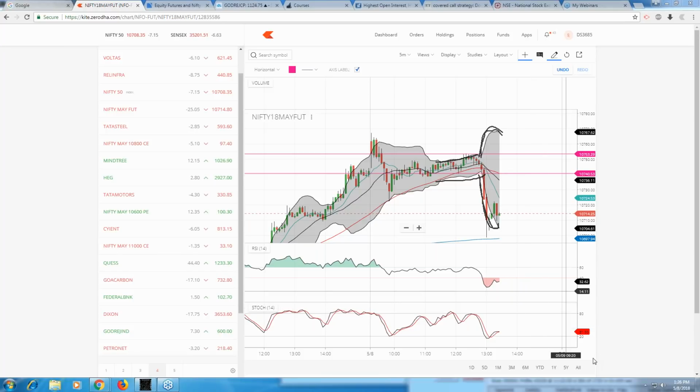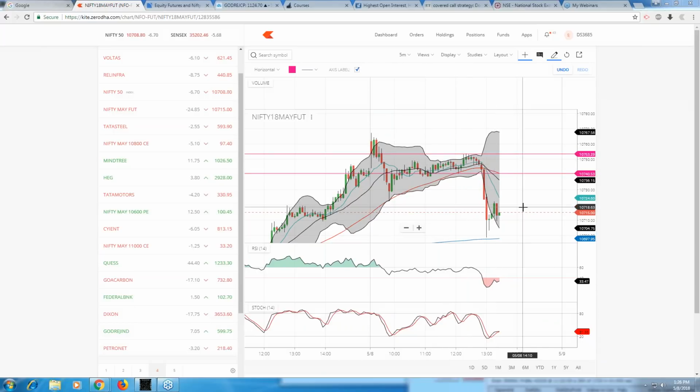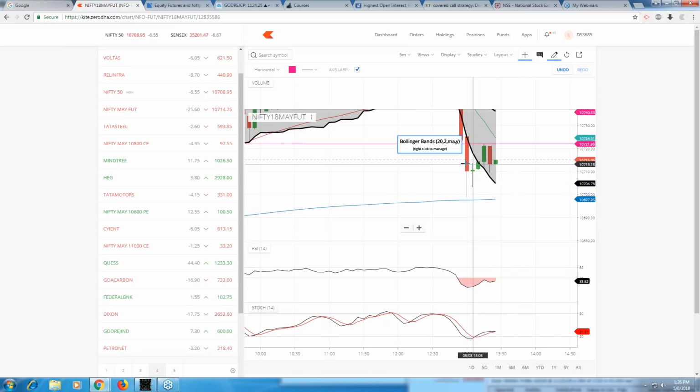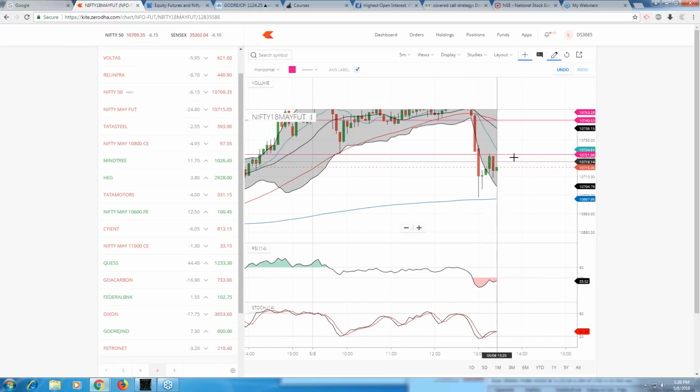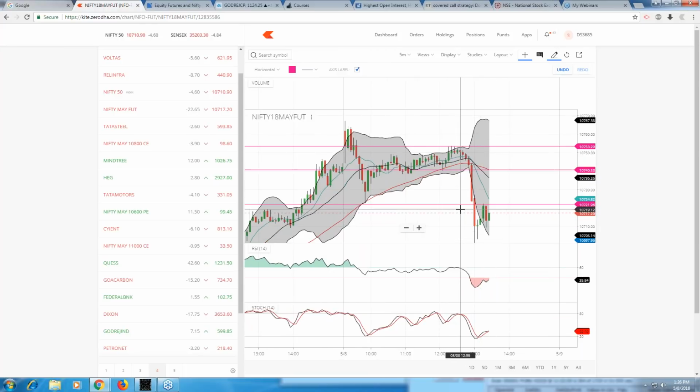So you take entry from the Bollinger Squeeze on the buy or the sell side, and when you want to exit your trade, look out for a standalone candle outside the band, right? That is your exit. So if you've shorted at this point, which is 10,740 with a stop loss of 10,753, your target will be this tiny candle.